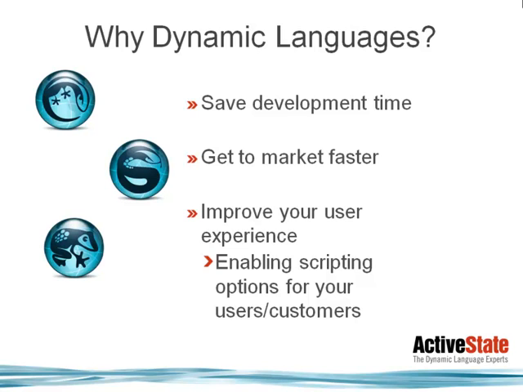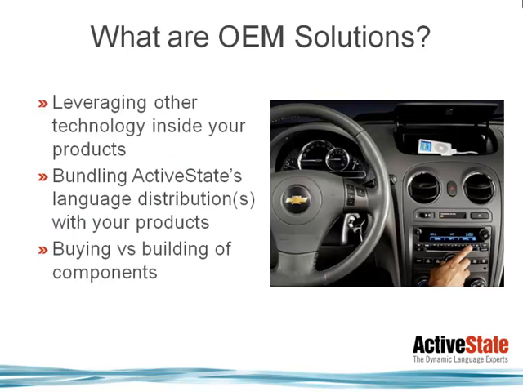By saving development time, you essentially get to market faster, and of course that can be very important in today's tech world. Overall, you can also improve your user experience through enabling the scripting options for your users and customers. So sometimes this is important internally for your own needs, and sometimes it's a great advantage to provide to the customers to allow them to tweak and modify using the open source standard dynamic languages that they're used to in other applications.